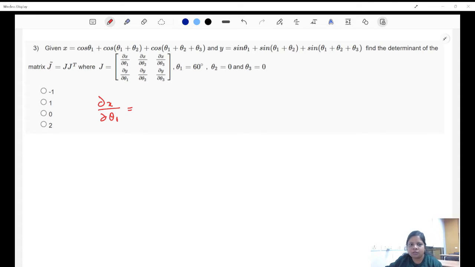It's very simple. I think it is minus sine theta 1 minus sine(theta 1 + theta 2) minus sine(theta 1 + theta 2 + theta 3).